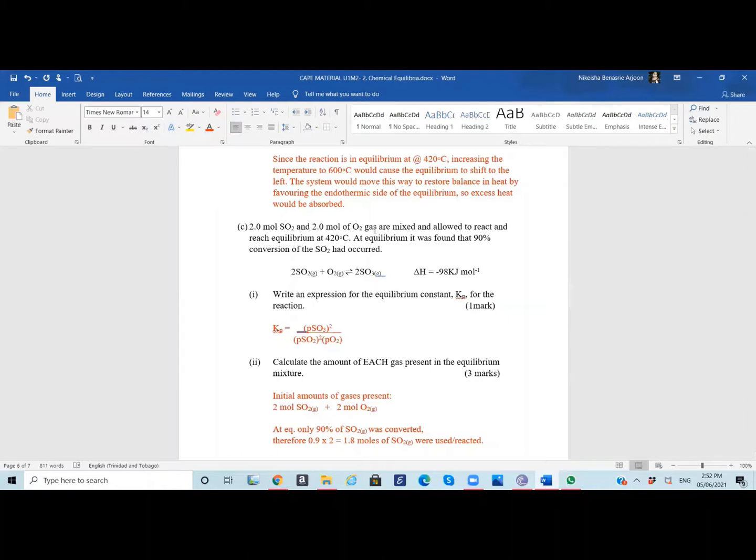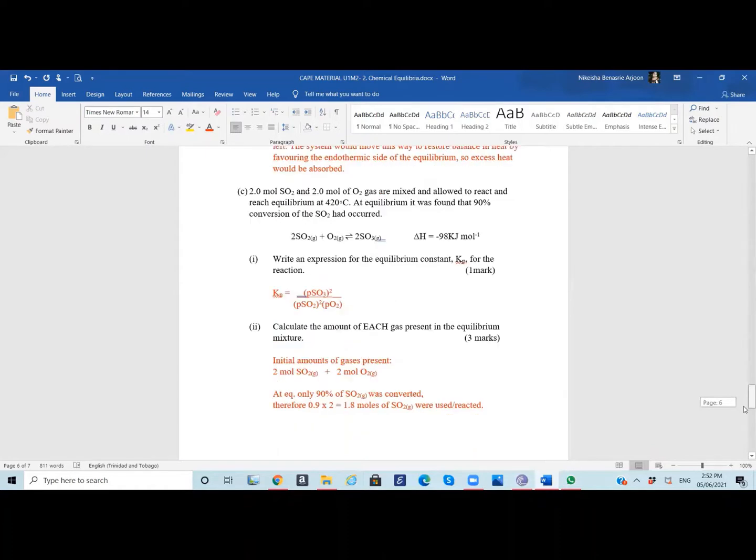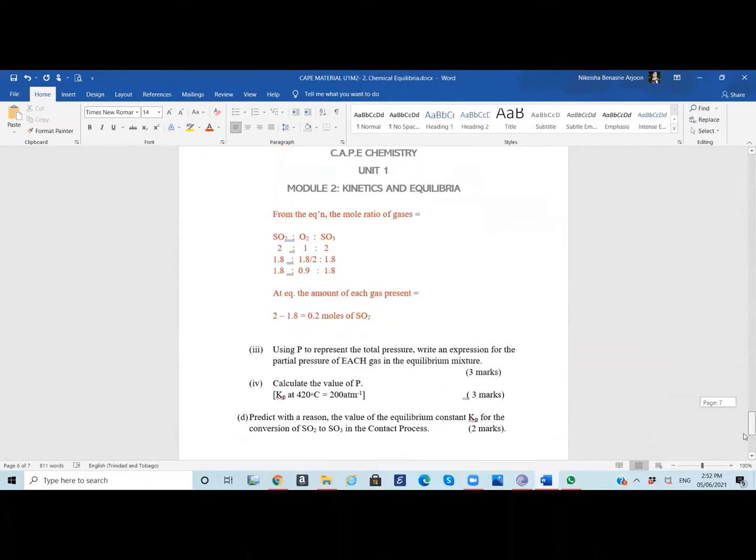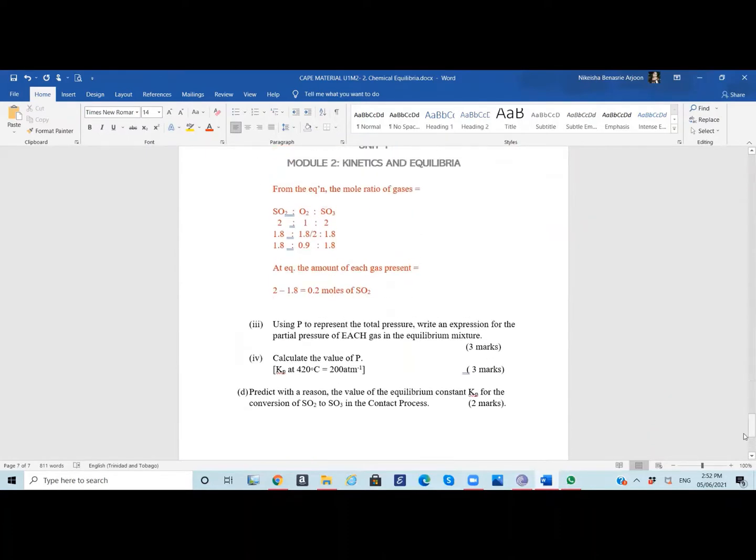At equilibrium, this is what happened. 90% of the SO2 was converted. So using that information, we were able to determine now the amount of oxygen reacted and the amount of SO3 produced.